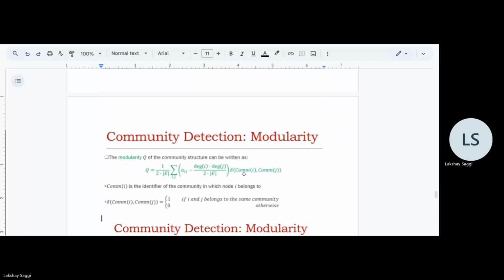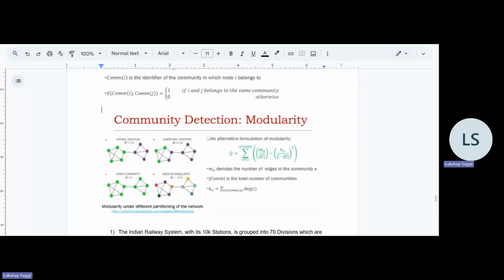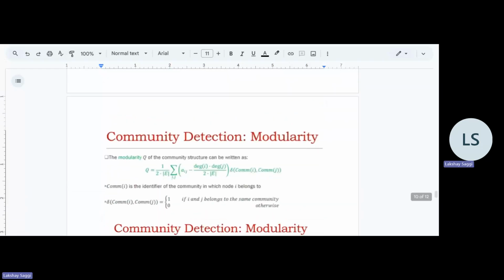This term might seem a bit mathematical in nature, but what it's saying is not really too hard.